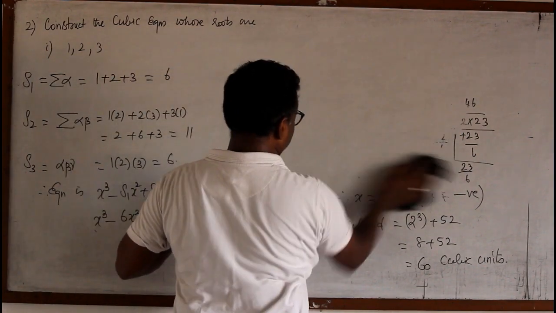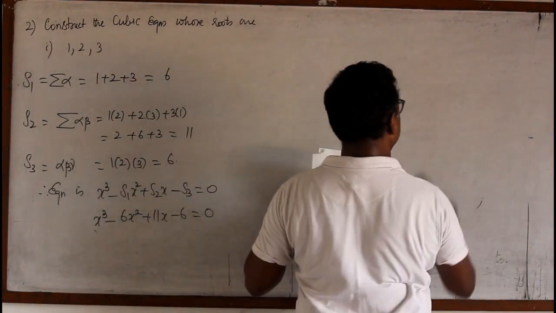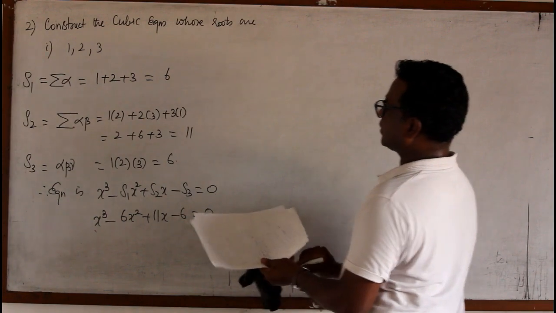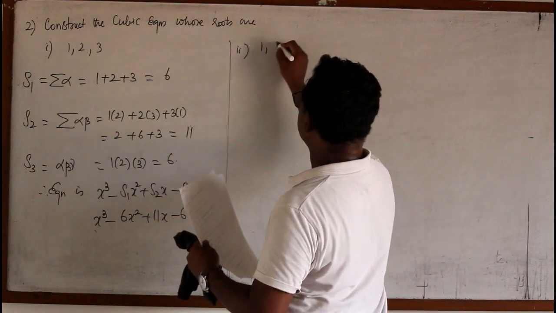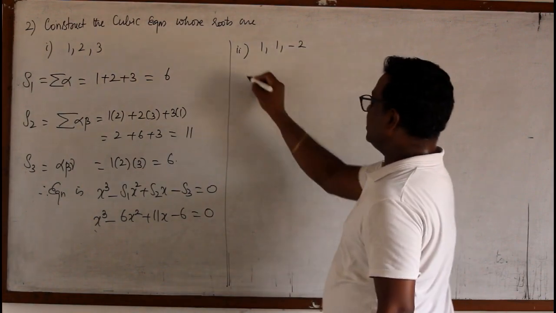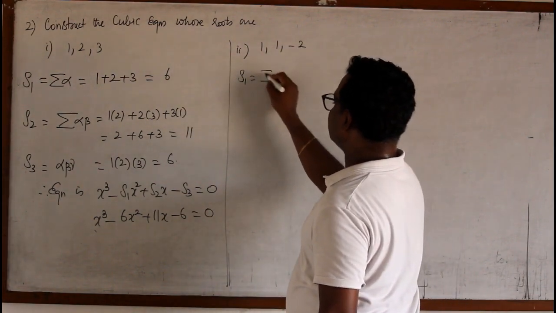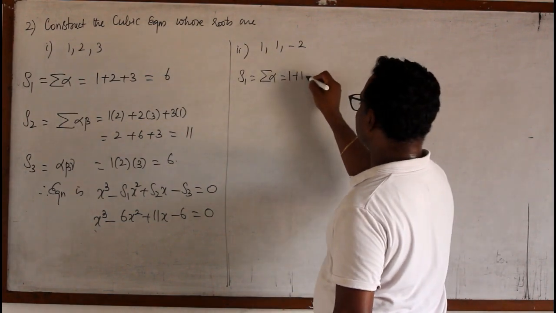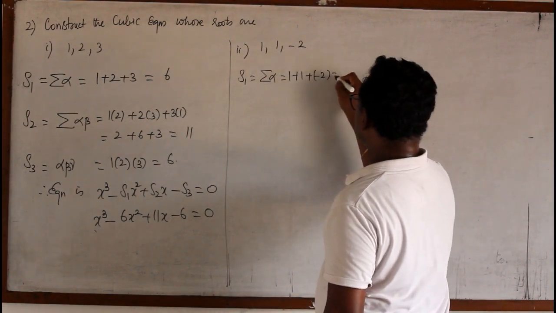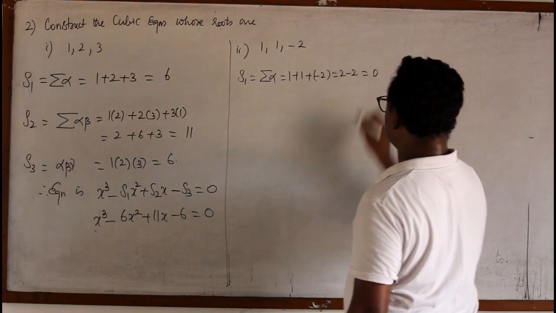Second problem. If the roots are 1, 1, minus 2. Same, S1 means sigma alpha, the sum of the single elements: 1 plus 1 minus 2. It is 2 minus 2, 0.